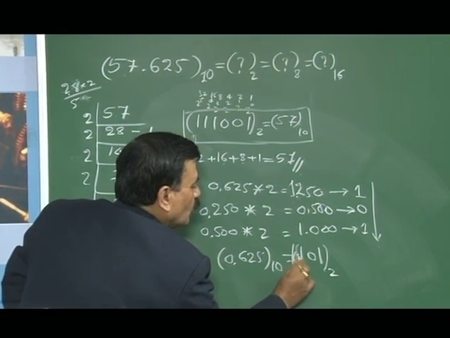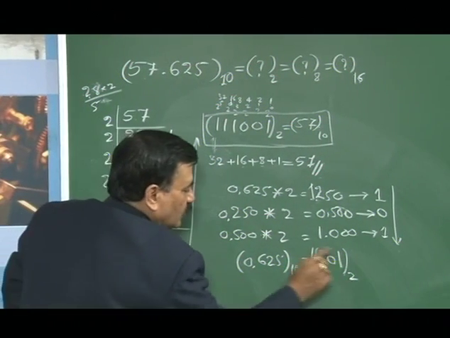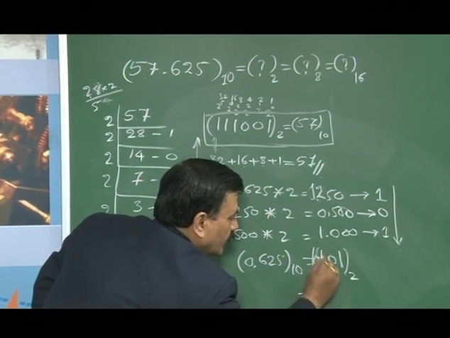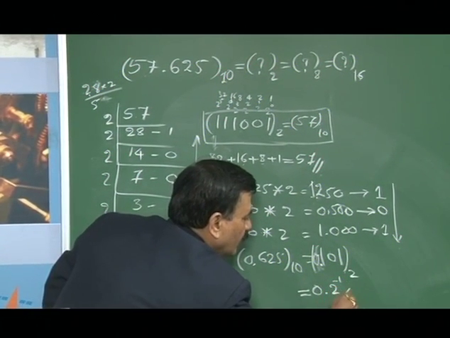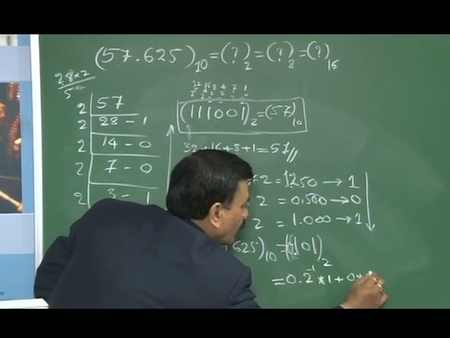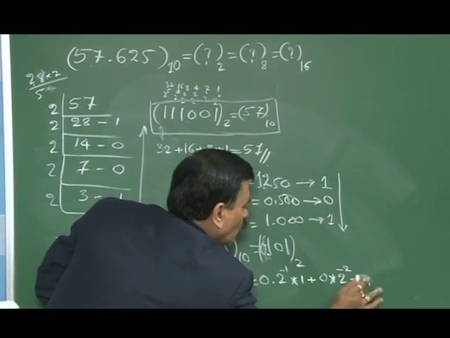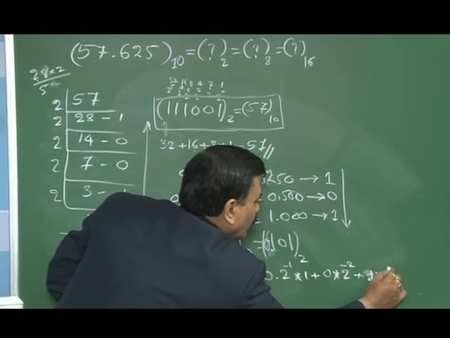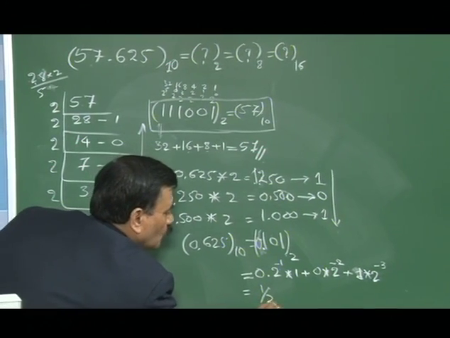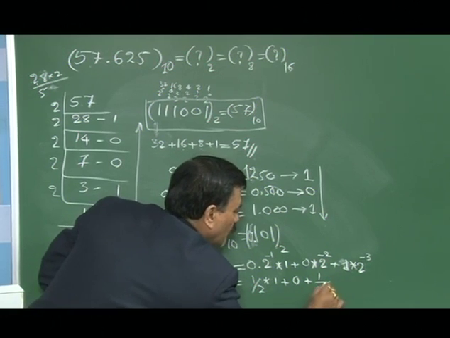Here we have to show 0.101 with base 2. Then whether this is correct or not, let us check. So this is 0, and here 2 to the power minus 1 into 1 plus this is 0 into 2 to the power minus 2 plus this is 1 into 2 to the power minus 3. So now this is 1 divided by 2 into 1 plus 0 plus 1 divided by 2 to the power 3.